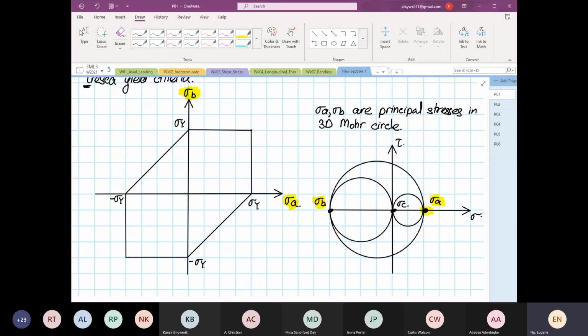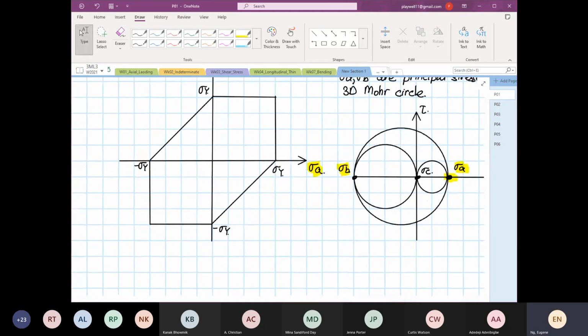So what you can see down here, based on Tresca, there are two conditions. Based on Tresca, there are two operating boundaries.